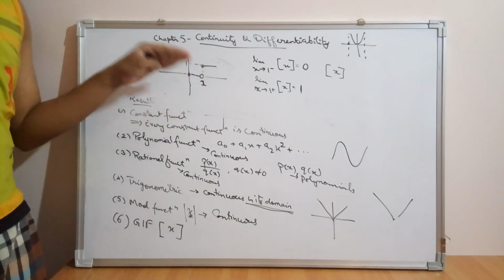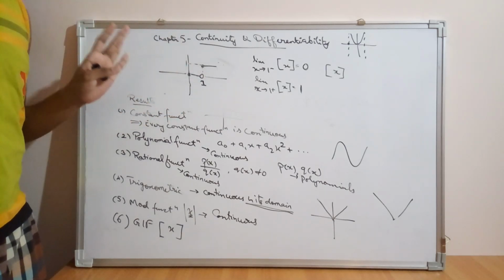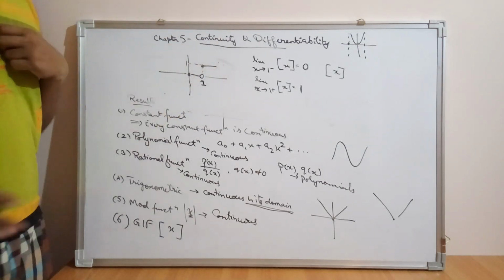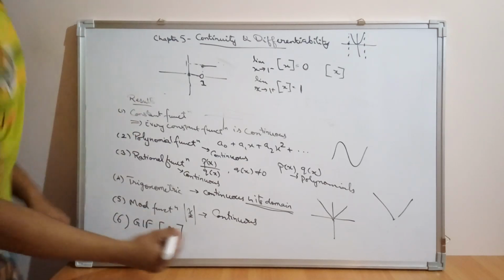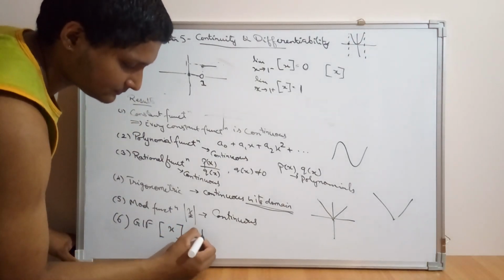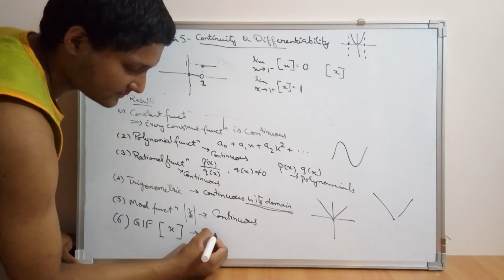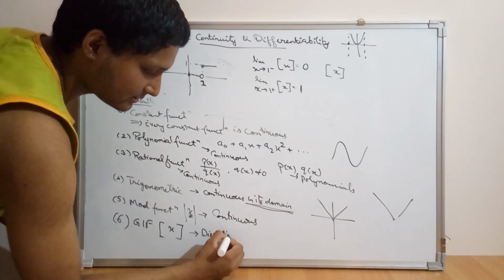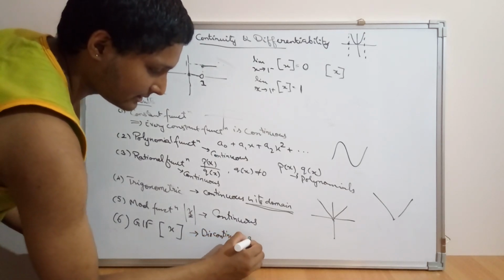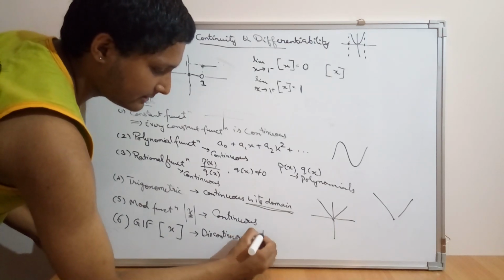So for proving that it is not continuous, you can just give a counter example. So this is a counter example that I have given here. So for this I can tell that it is discontinuous at integral points.